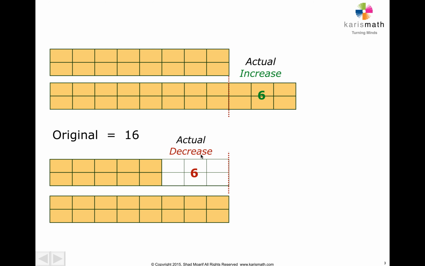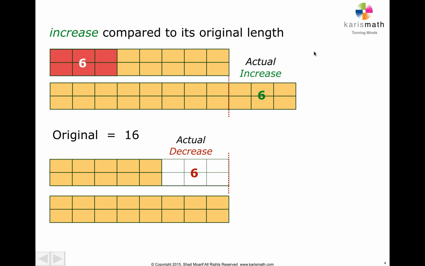So in terms of what fraction is the increase of the original amount, you already knew that. It's 6 over 16 if we increase compared to its original length. It's 6/16. That's right, you did that, which is exactly 3/8. So that's the amount by which we increased this here.